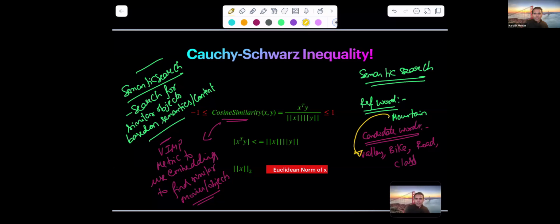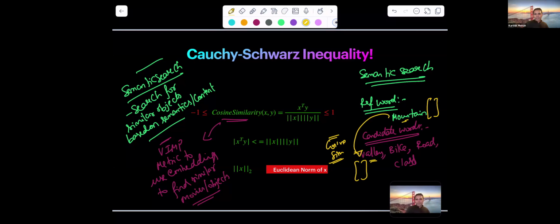I may not have any other guidebook or rule book to tell me that this word is similar to this, but the embedding of the mountain and the embedding of the valley, they kind of are close in cosine similarity. So I'd say, oh, okay, I found the cosine similarity of valley is closest to mountain based on the embedding. And so the embedding captures the semantics of these words. And because the semantic is captured, I'd say, oh, close to mountain should be valley.